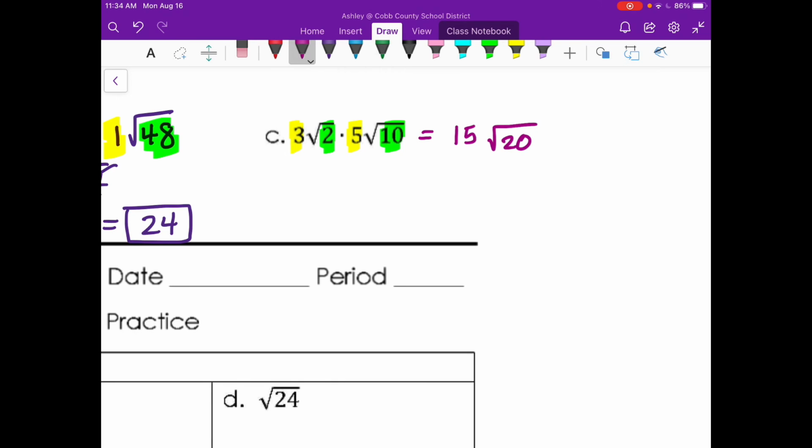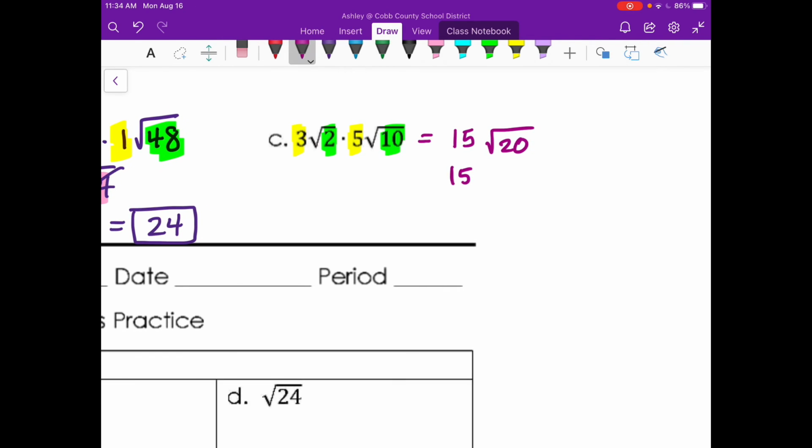So the 15 will stay on the outside, and we are going to split 20 into a perfect square factor and the remaining factor, 4 times 5 is 20. And then we will bring out the square root of 4 and multiply it with the 15. The square root of 4 is 2. And then we'll multiply 15 times 2 to get 30 radical 5.